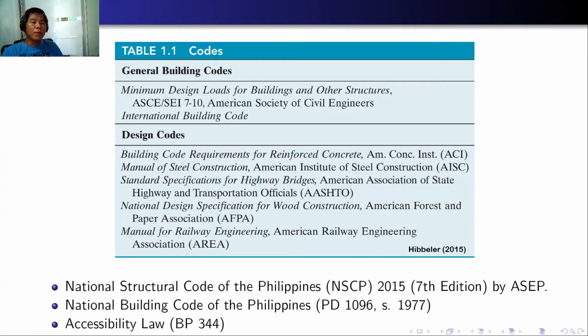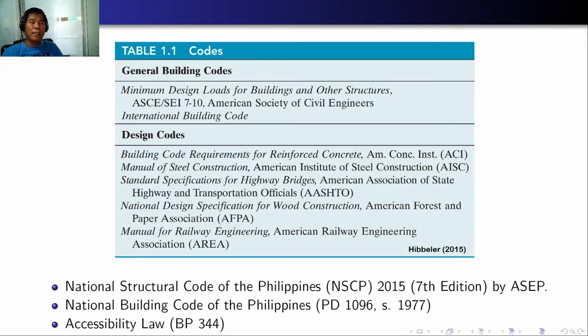We normally use the American Society of Civil Engineers 7-16, the updated one for the minimum design loads for buildings and other structures. In international setting, we also use the International Building Code.